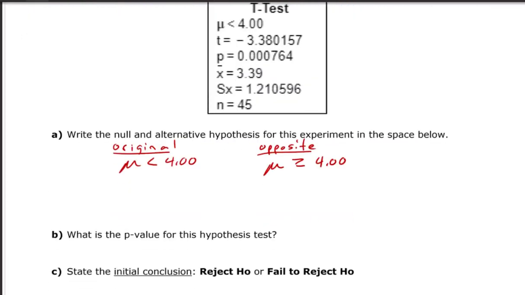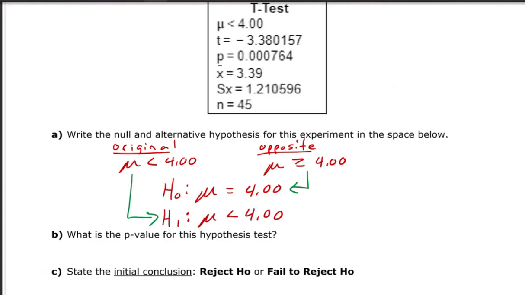Which means our null hypothesis would have to be mu equal 4 megabytes. That comes straight from the equal that's in the opposite claim right there. So the opposite claim is kind of your null hypothesis, which means the alternative hypothesis will actually be the original claim, less than 4 megabytes per second. And there's your null and alternative.